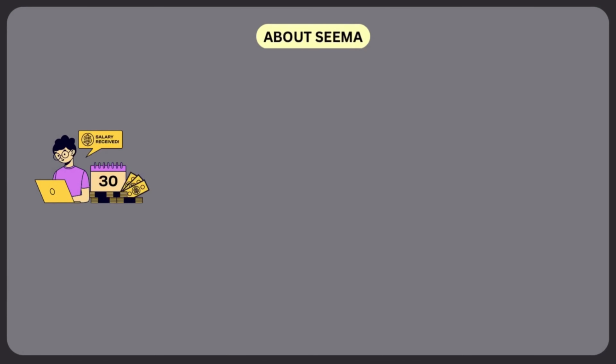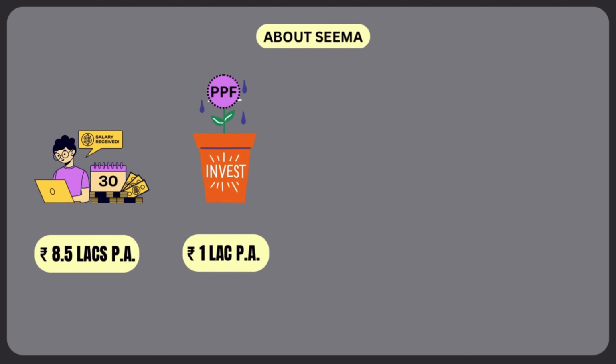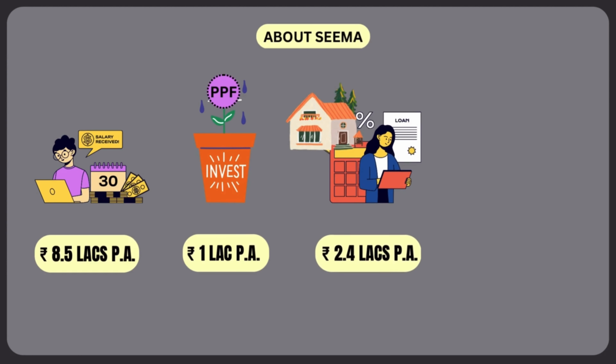Hi Seema. Seema works for a consultancy firm. She is a resident and earns a salary of rupees 8.5 lakhs per annum. Out of this, she invests rupees 1 lakh per annum in the Public Provident Fund. Recently, Seema had bought a house for herself on loan and is paying an interest of rupees 2.4 lakhs in the current year.